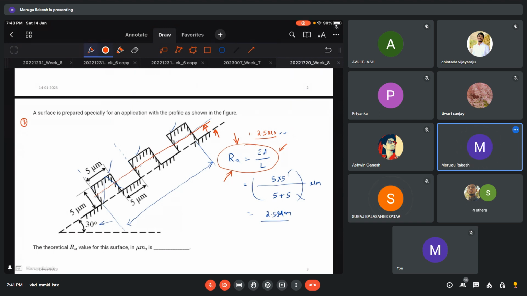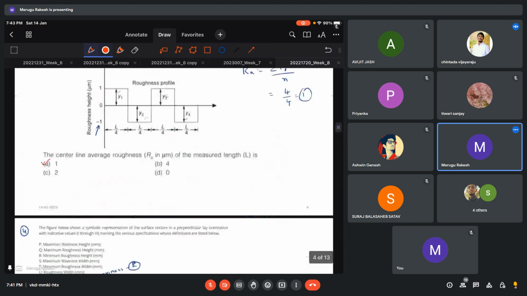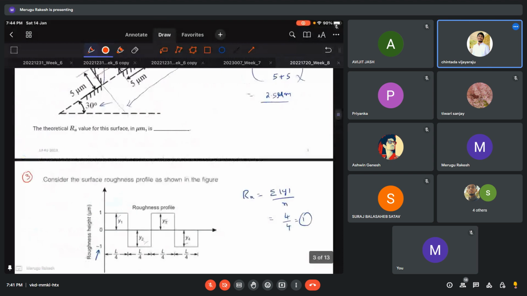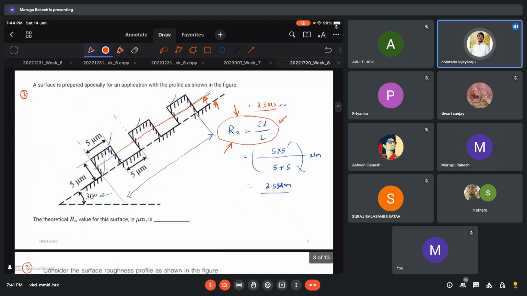Okay, sir. In this 5 plus 5, I did not understand quickly. Repeat once. So this is the summation of area. This is the area 5 by 5, divided by the total length 5 plus 5.